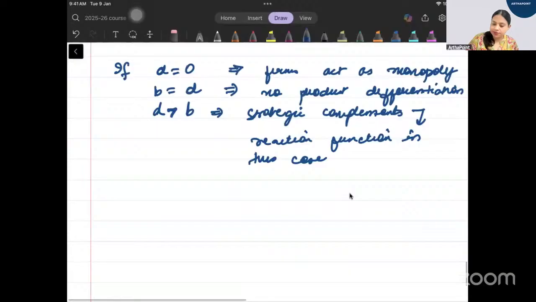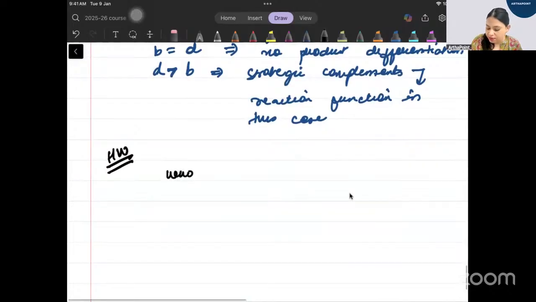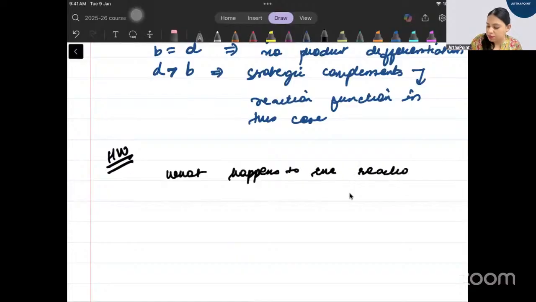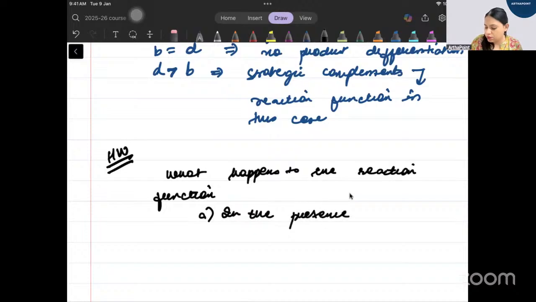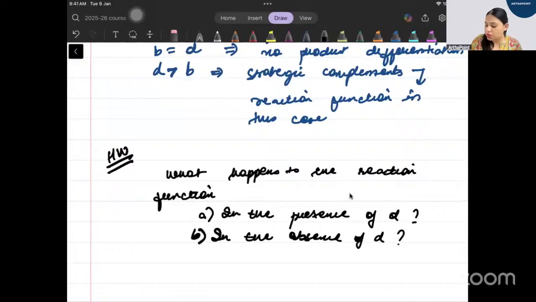So homework, please do it and post it in the Telegram channel, beta. What happens to the reaction function? Plot them. A: in the presence of D. B: in the absence of D. Absence of D means homogeneous product.